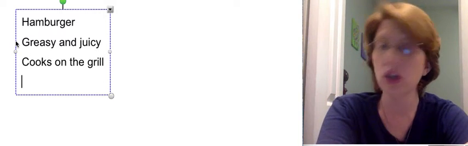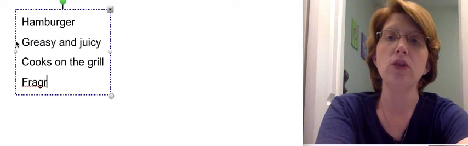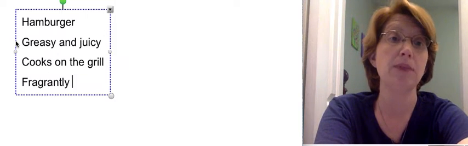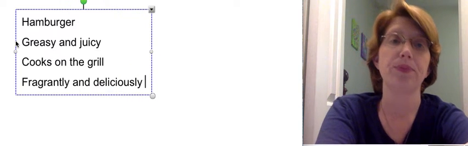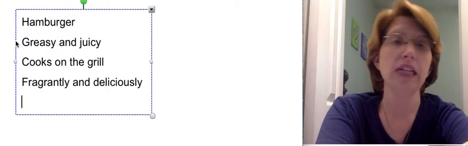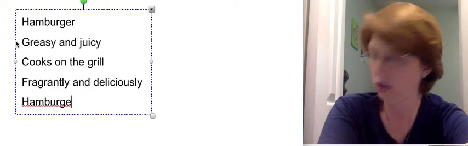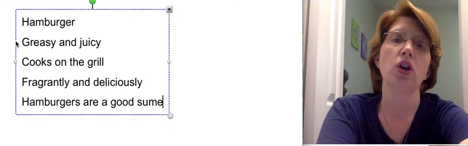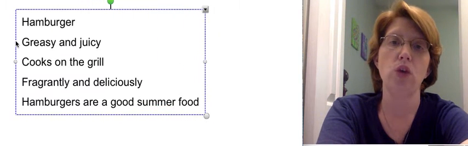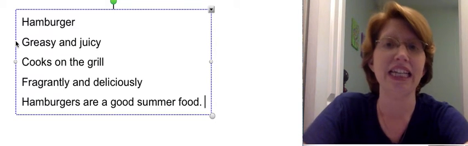How does it cook? So I put that it cooked fragrantly. That means it smelled good. And deliciously. Fragrantly and deliciously. And then hamburgers are a good summer food. Okay, and you could probably come up with a better sentence than I did there at the end.